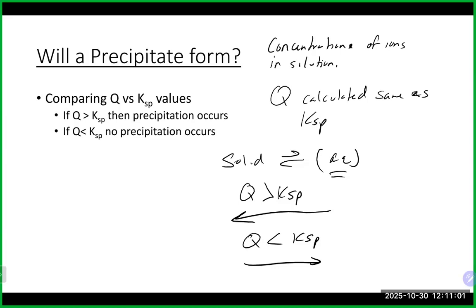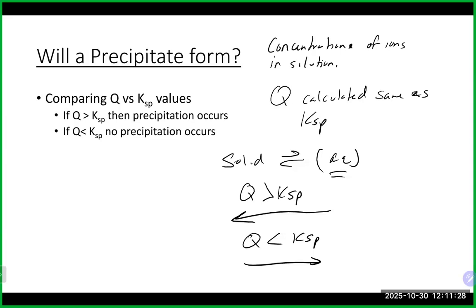Now, this happens a lot when you do experiments. You may sometimes not see a precipitate form because you were a little heavy-handed with reagents. Every time we add a reagent that's not a solid but a solution, what are we doing to that solution? We're diluting it, because you're adding more volume, more water.